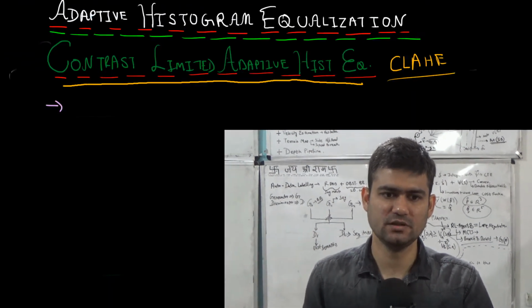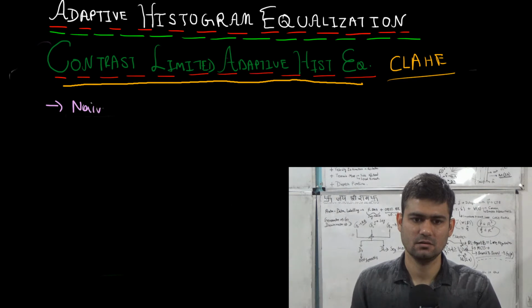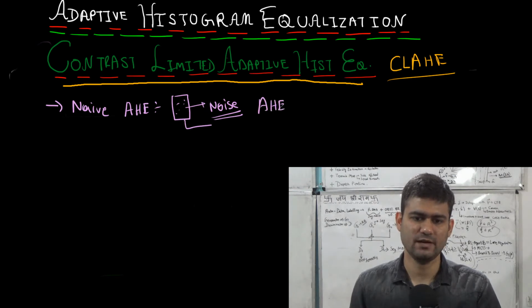So the problem with naive adaptive histogram equalization is that if a particular block has some noise, then the regular AHE, adaptive histogram equalization, over-amplifies this noise.